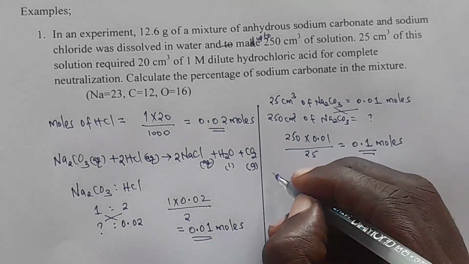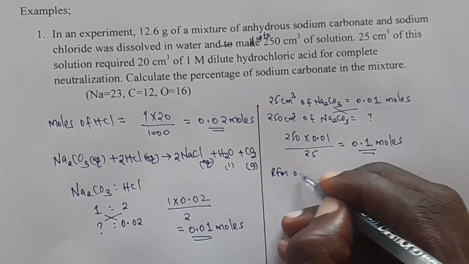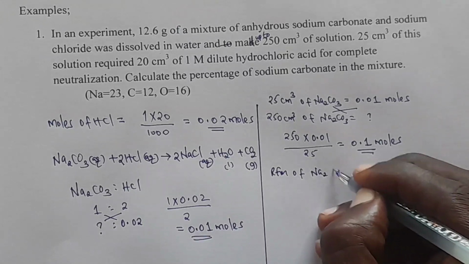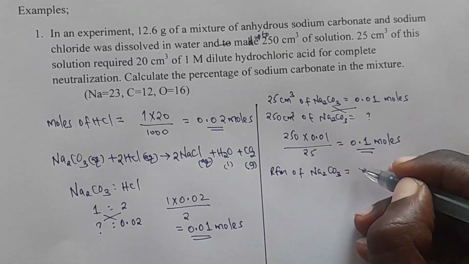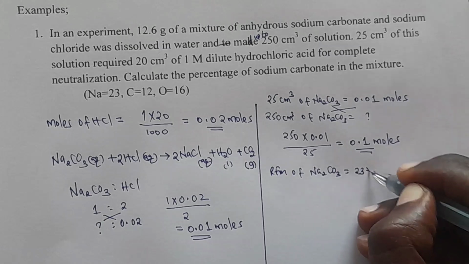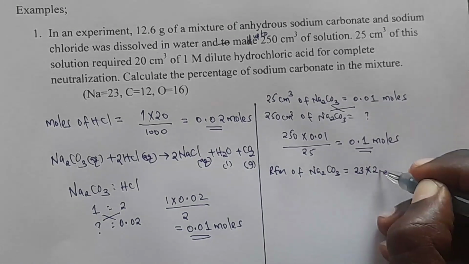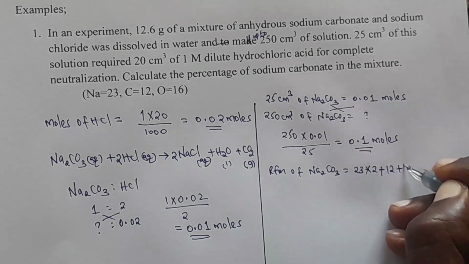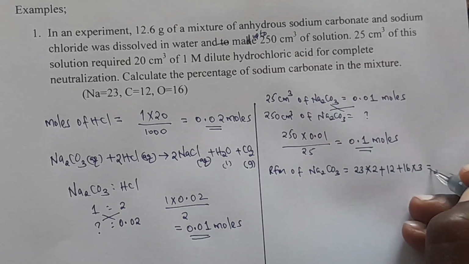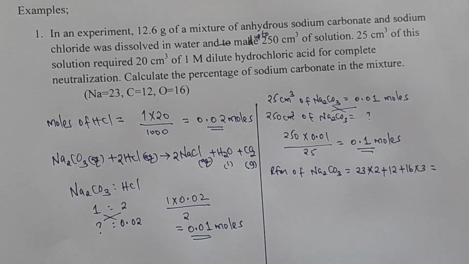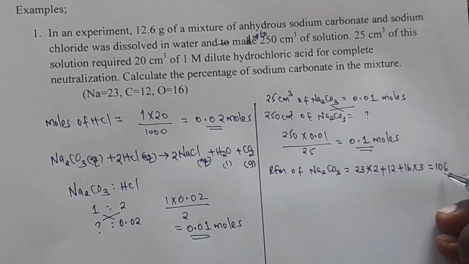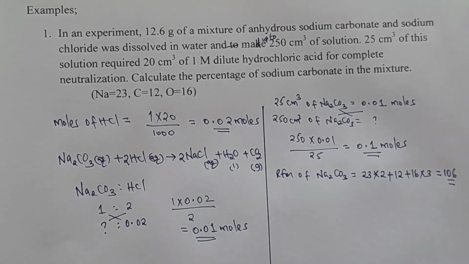The RFM of sodium carbonate is 23 times 2, because we have 2 sodium, plus 12 for carbon, plus 16 times 3 for oxygen. We get 106 as our RFM.